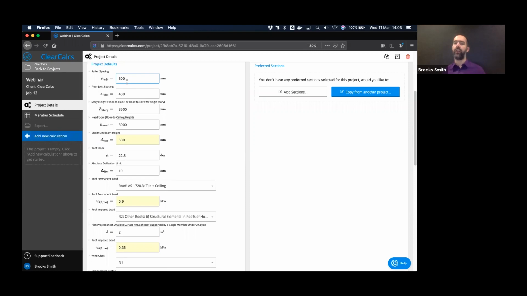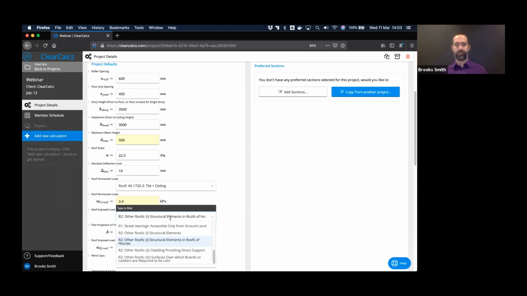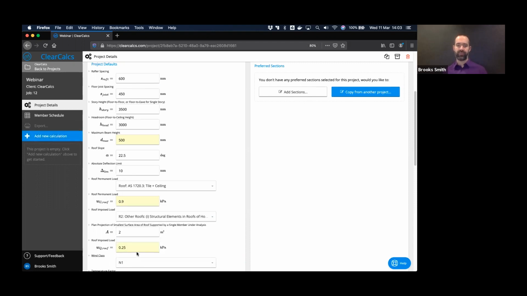That is our default here, so we're just going to keep that. The roof we said was going to be a tile roof, so that's giving us a 0.9 kPa permanent load for the roof. A standard residential roof in a house is an R2 type roof, so that gives us a 0.25 imposed load.